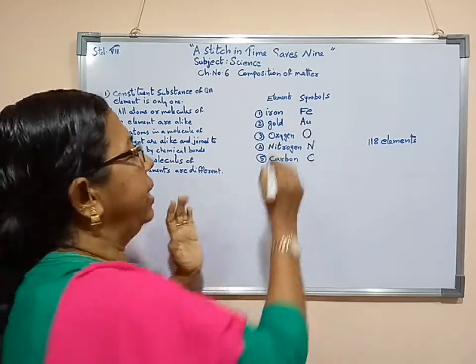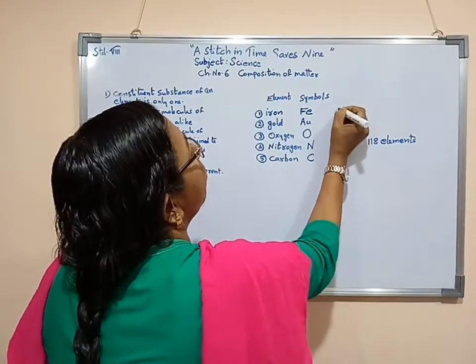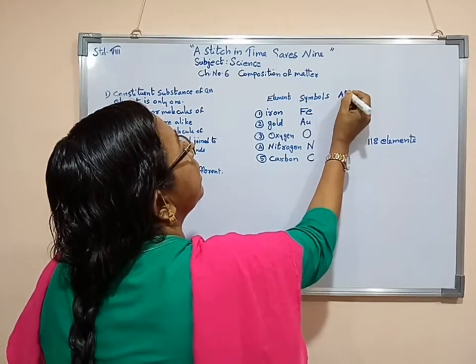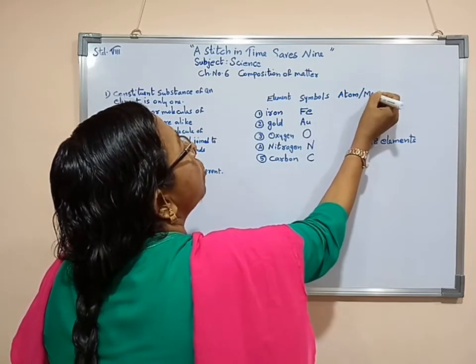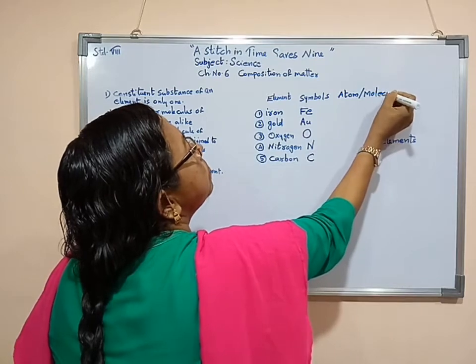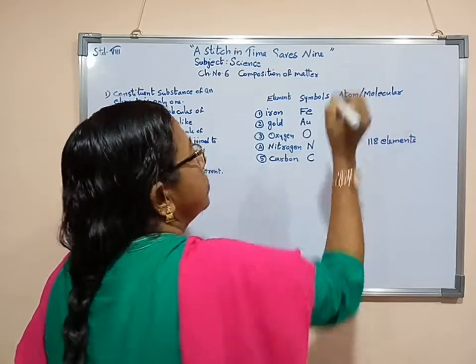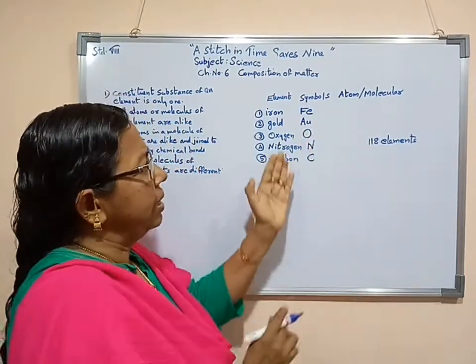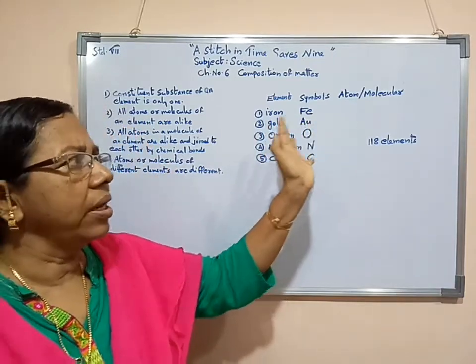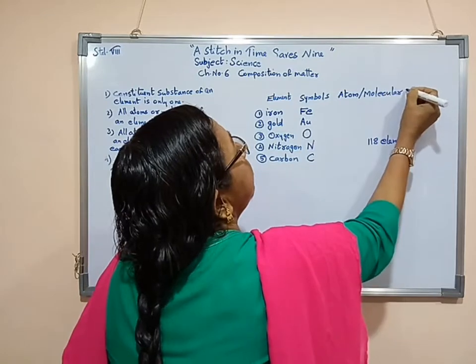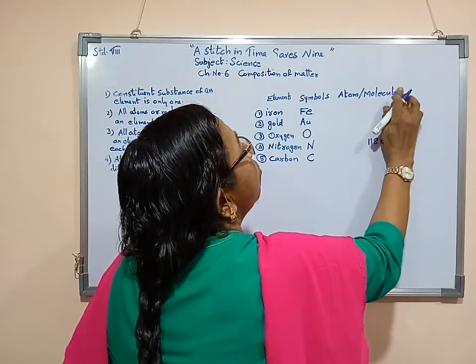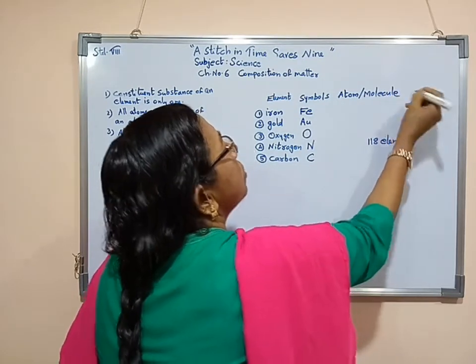Now iron is available in its atom form or molecular form. How is it available? Either it is available in the atomic structure or in the molecular form. Whether it is available in the form of atom or in the form of molecule, I am writing here only molecule.